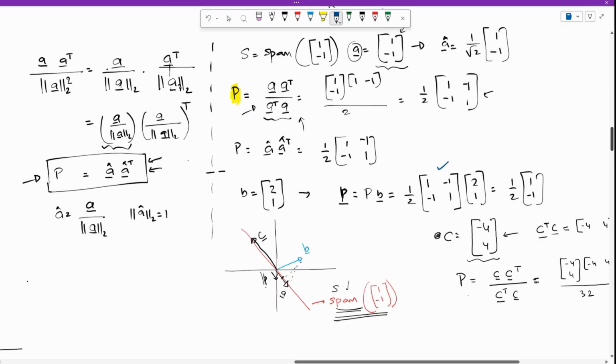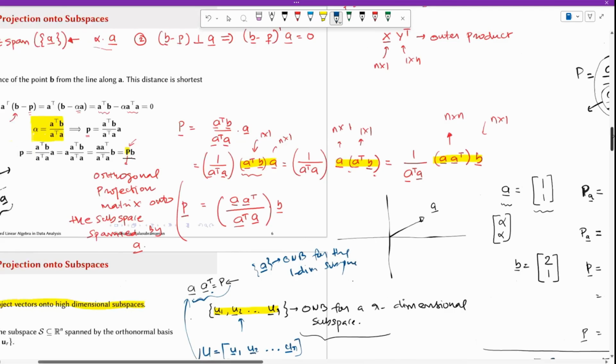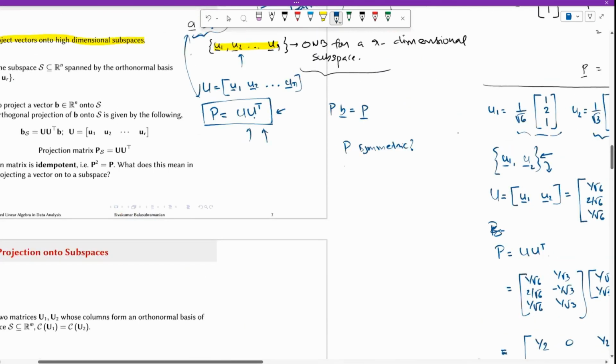So the three projection matrices we've computed look symmetric. Then you might be tempted to hypothesize, oh, maybe all projection matrices are symmetric. So my question is, are all projection matrices symmetric? Given that we know projection matrices are computed like this.